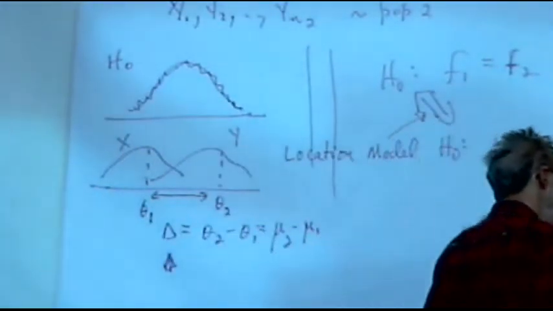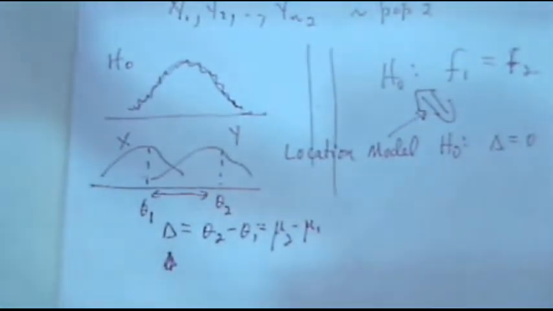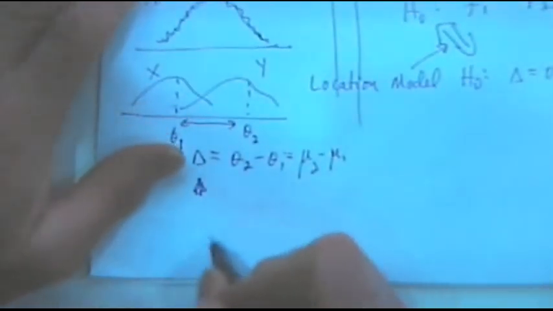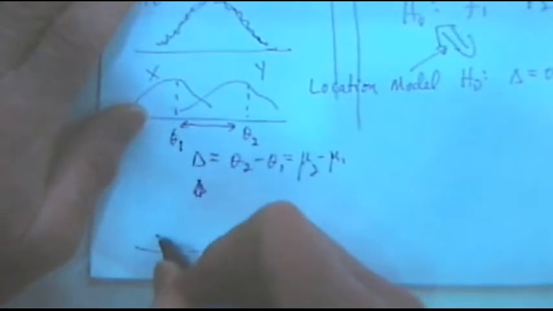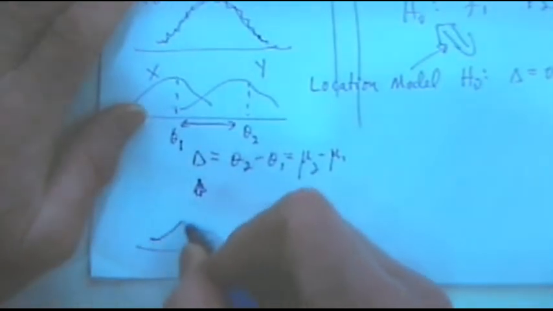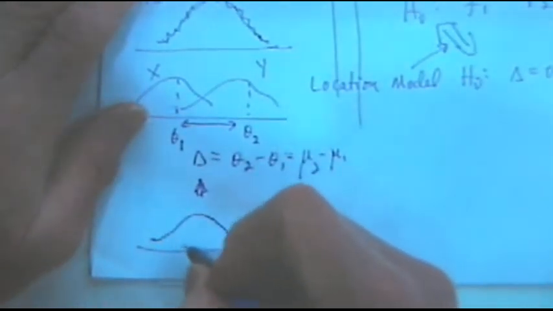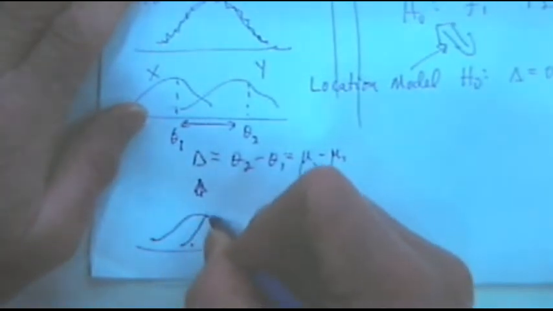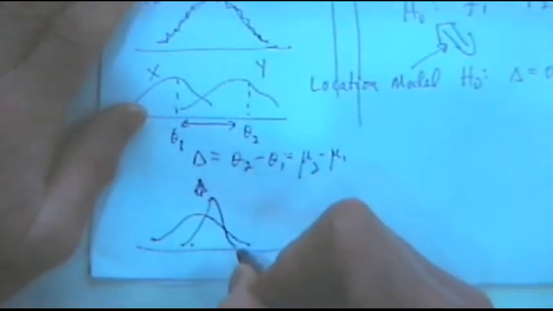And they could be vastly different. Certainly the one we will talk about later is where the scales differ. You might have some sort of a shift, but the scales differ too.